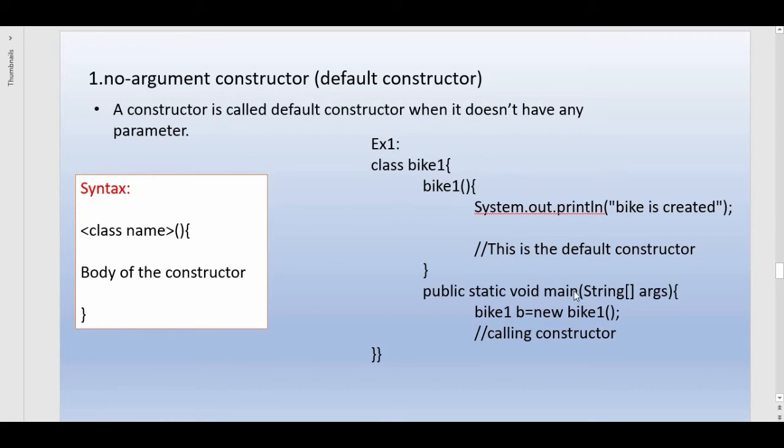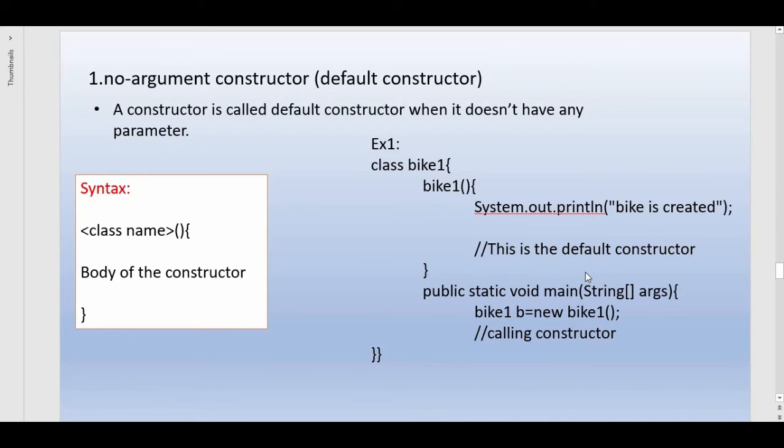And here we use the Bike1 default constructor. b is the name of the object. Now the compiler searches for the Bike1 constructor in this program, goes to this constructor and prints this statement on the screen. That is the output of this program.